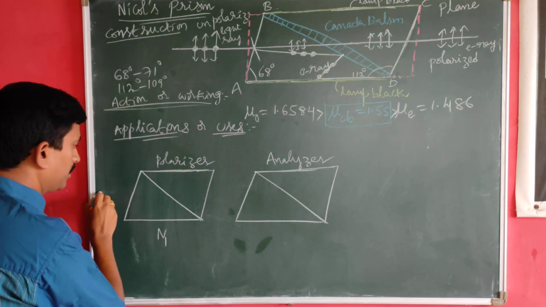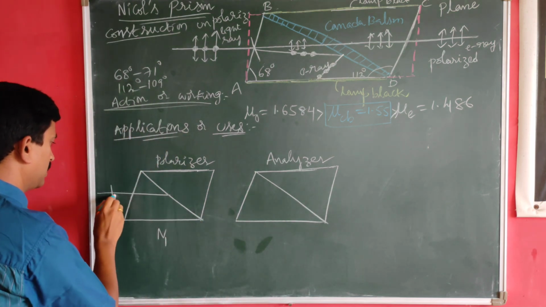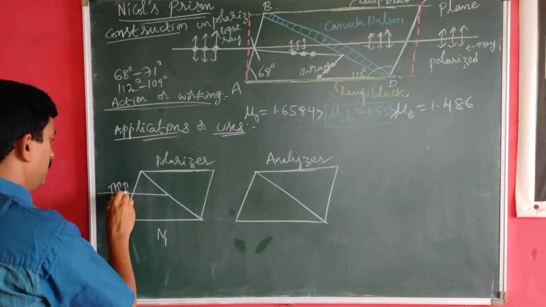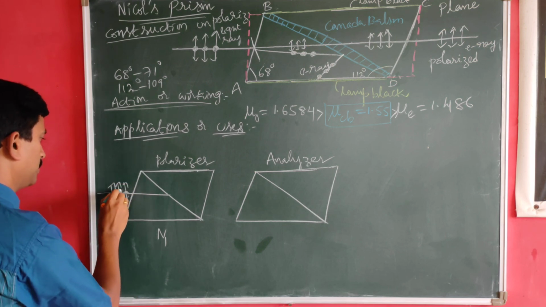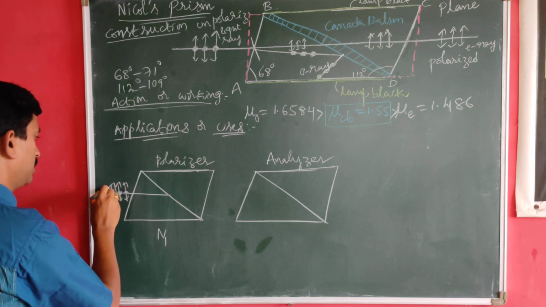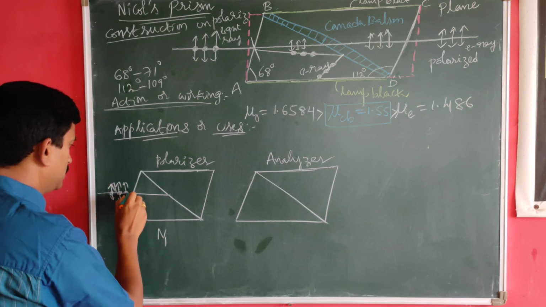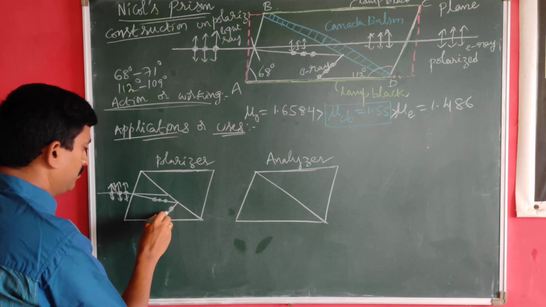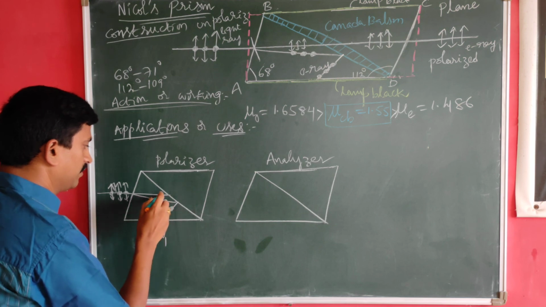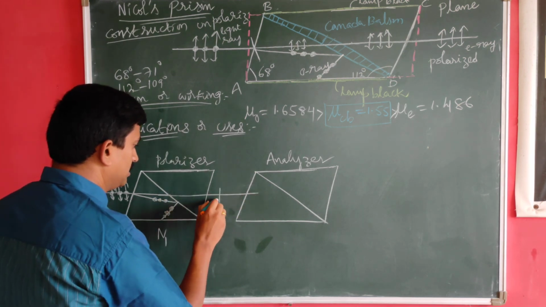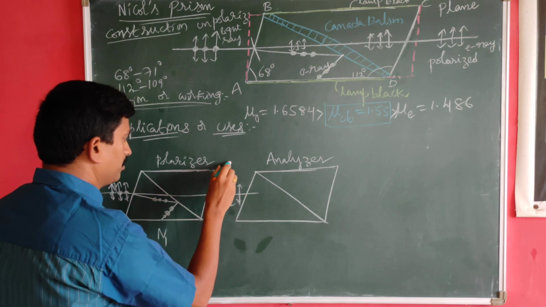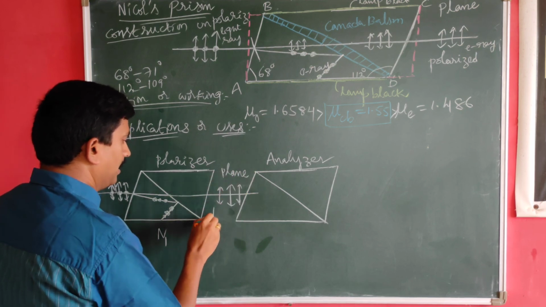So, whenever an unpolarized light is incident on the first nickel prism, the unpolarized light has two components, the arrow component and the dot component. This dot component light ray, that is the ordinary ray, is completely cut off by total internal reflection, and the extraordinary ray simply transmits out. This is the plane polarized light.